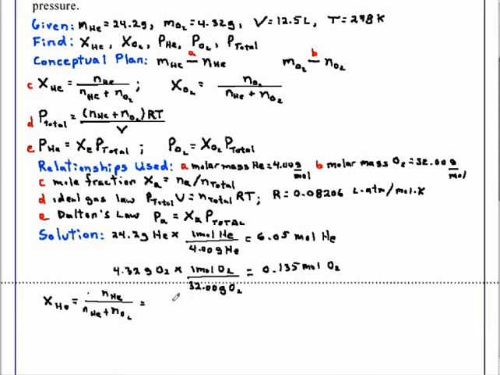So we have 6.05 mole of helium divided by 6.05 moles of helium plus 0.135 mole of oxygen.